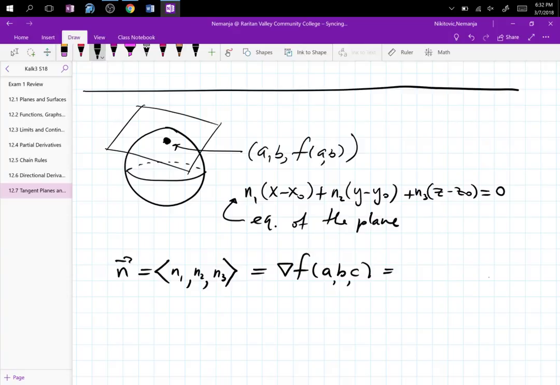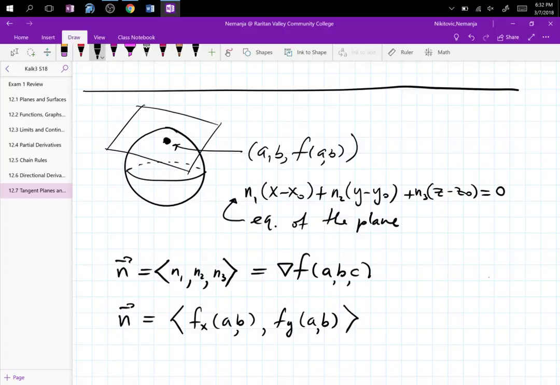There we go. So what is the normal vector now for our tangent plane? The normal vector is going to be the partial derivative in x computed at AB, and then the partial derivative in y computed at AB. So that's our normal vector, just the del of all of these.